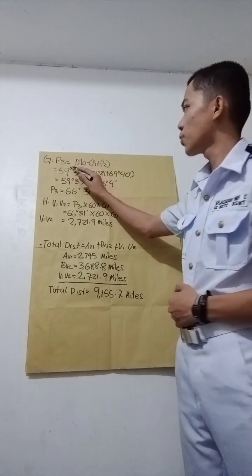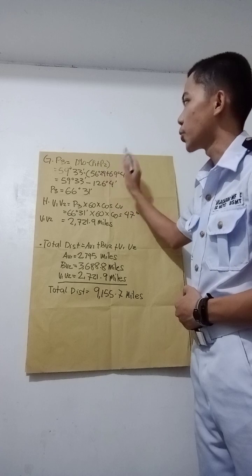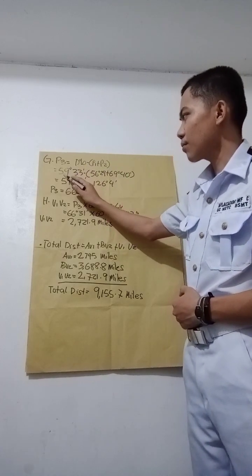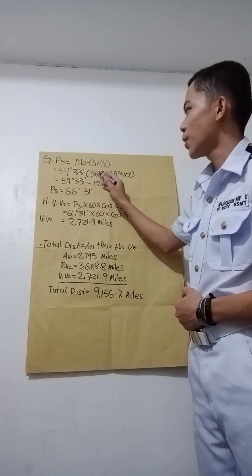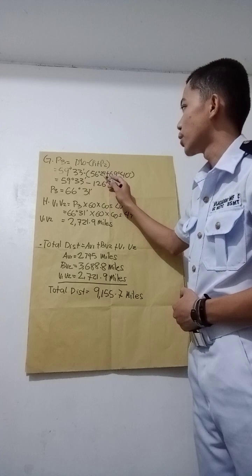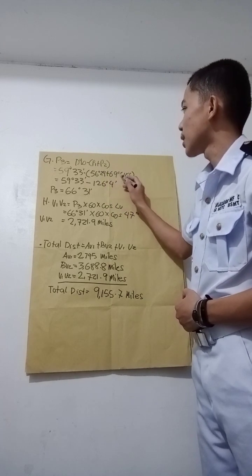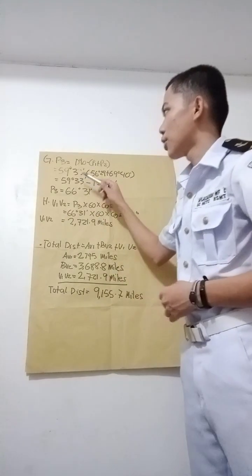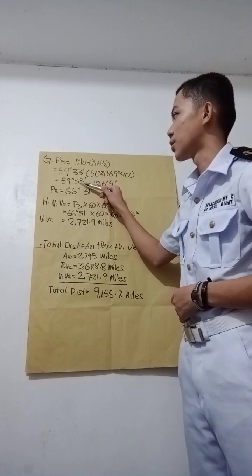So P3 equals DLO minus P1 plus P2. So our DLO is 59 degrees and 33 minutes minus our P1, which is 56 degrees and 24 minutes, plus our P2, which is 69 degrees and 40 minutes. So first, we bring down the 59 degrees and 33 minutes.